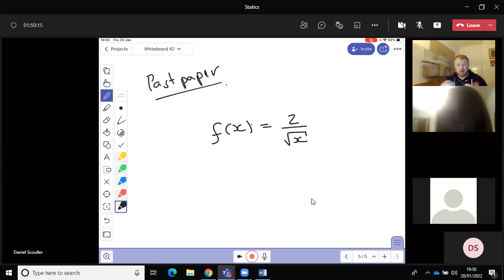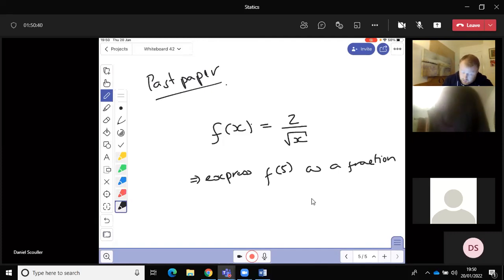Okay, so this is bringing in surds. Okay, so when we work with surds, it's actually a very simple surd, and it will just ask you to express it as a fraction. Okay, don't worry if you don't remember how to do this, if it doesn't come back to you immediately.